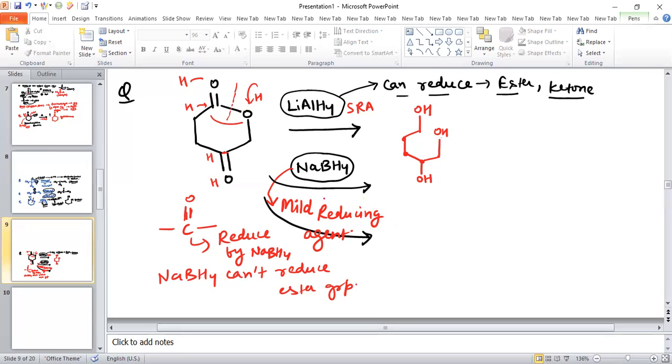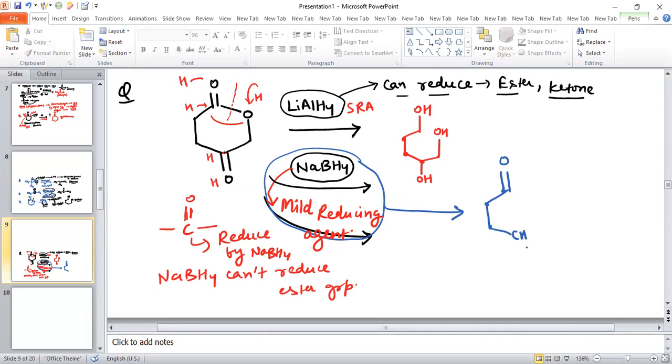So by using this reagent, the product obtained is basically this: this is the ester group, C double bond O, and this is the carbon CH2, this is also carbon.